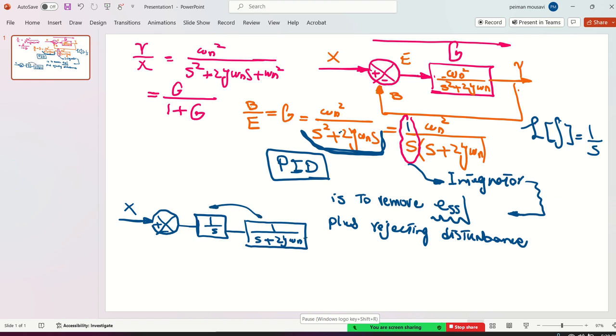So you see you have an integrator already here, an I controller. And I'm going to show you shortly by mathematics that this I removes the steady state error signal when your input is impulse and step.